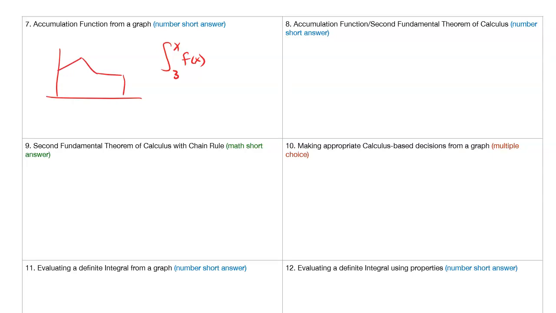Everything else is the same for the setup, except once they give you this accumulation function, you'll be asked to find something like g of 8.